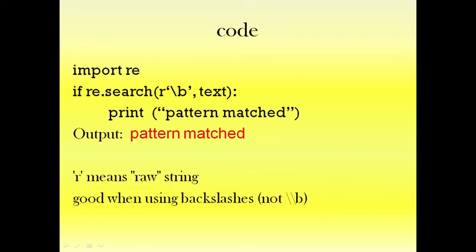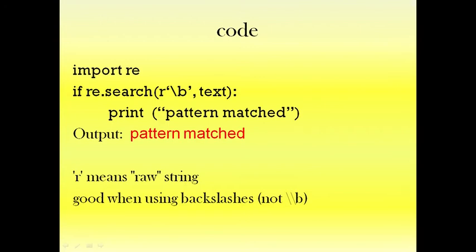Now lowercase b signifies the boundary of a word. That means if a letter or a character in a word is at the beginning or the end, so it's the first letter or the last, it is at the boundary.